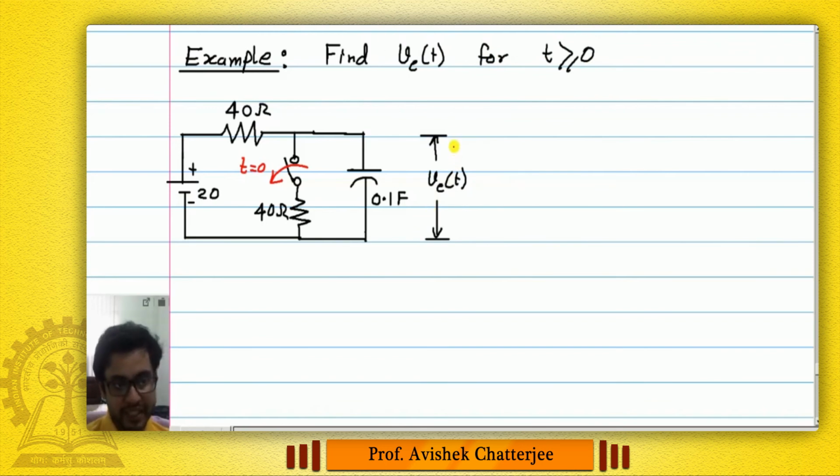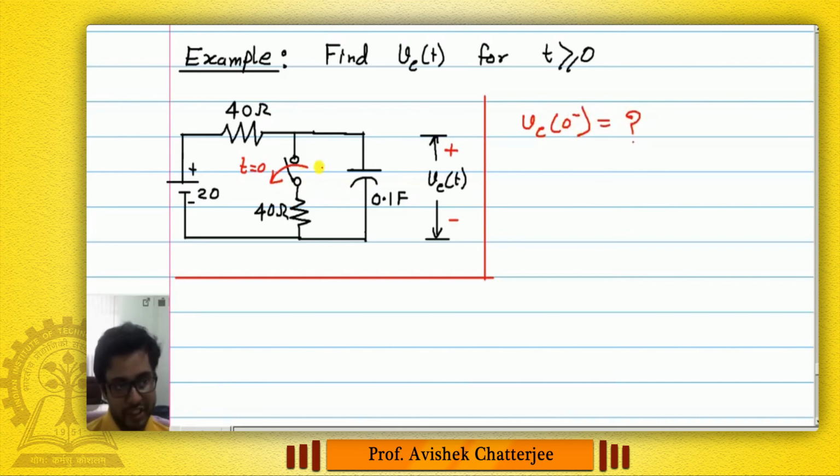Let this be the reference polarity, plus minus, like this. Okay, how to solve it? First of all, what is the value of this voltage before the switch is closed, switch is opened? So Vc(0-) is how much?